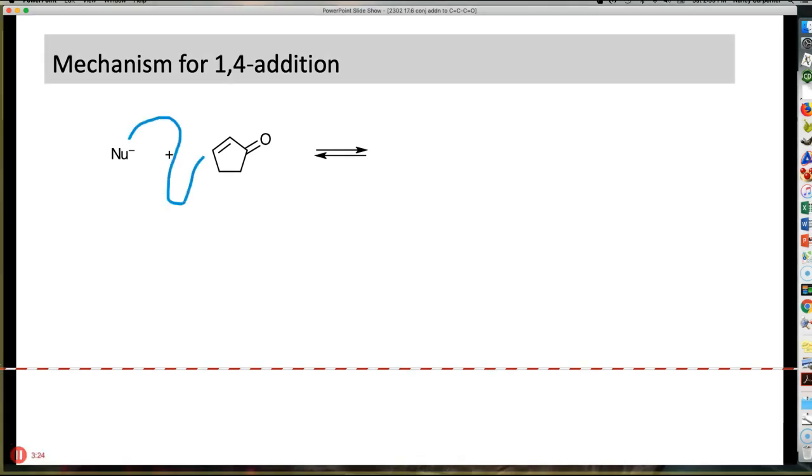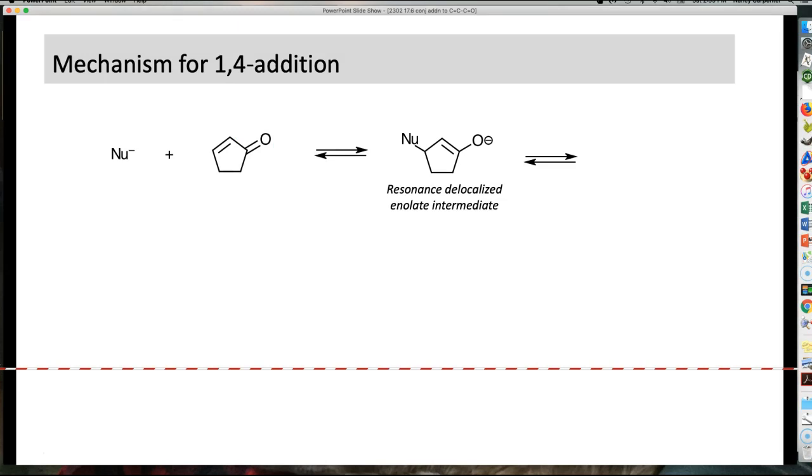Basically, my nucleophile attacks at that 4 position, kicks that pair of pi electrons up to make a charged intermediate that happens to be an enolate. So that's a resonance delocalized intermediate, of course, because of that resonance contributor.